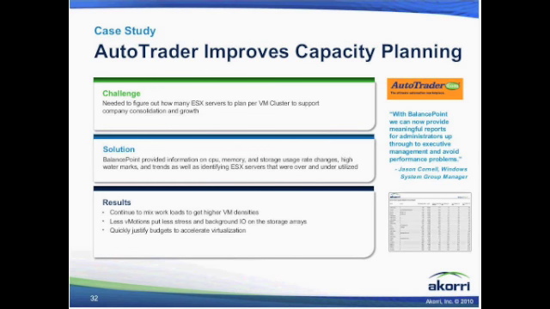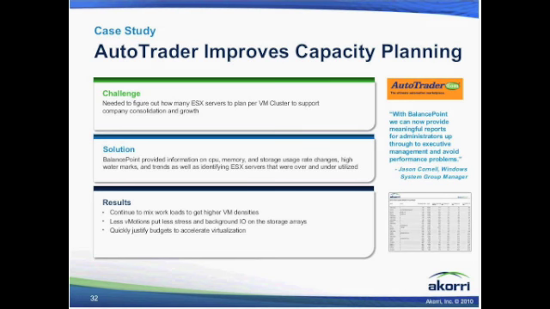Another customer example is AutoTrader. They've been using the product for several years now. If you're not familiar with them, they're the largest online auto classified marketplace. They run VMware infrastructure on NetApp NFS. They needed to figure out how many ESX servers to plan per VM cluster to support their company consolidation and growth plans.